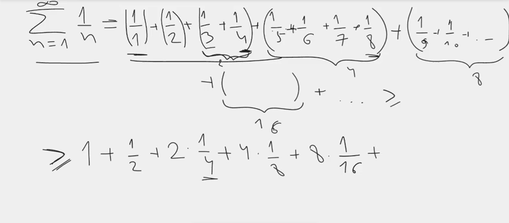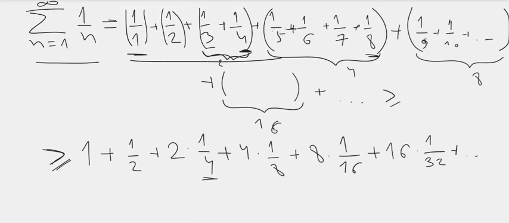And so on. The next one would be 16 terms, each greater than or equal to 1 over 32, and so on.